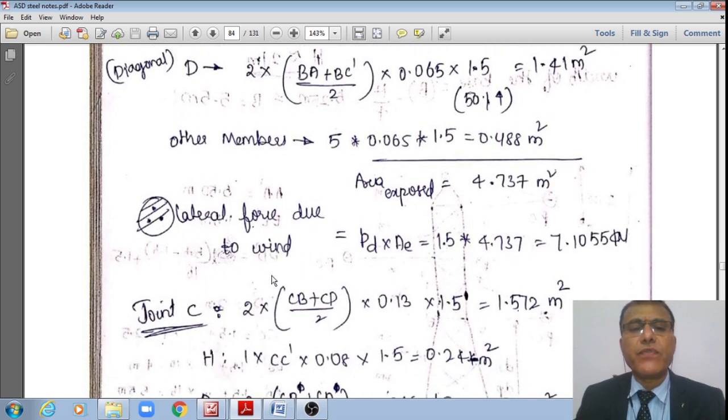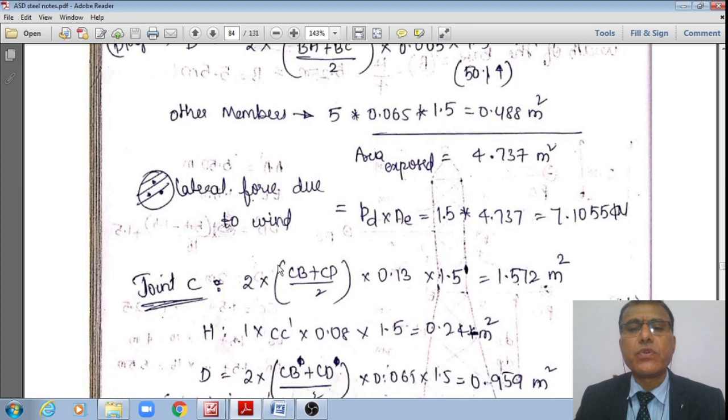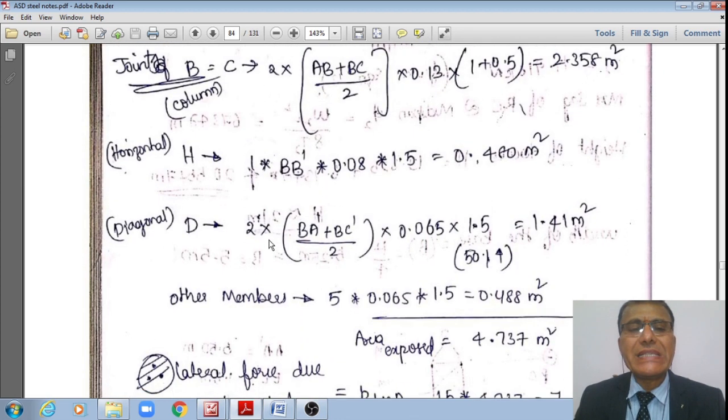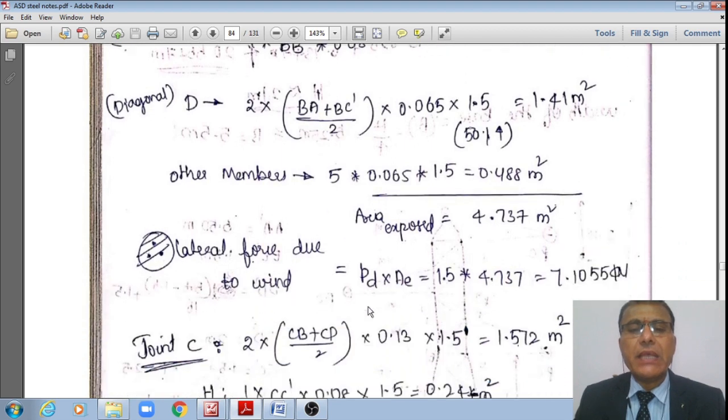Now the lateral force due to wind on these members at the joint B is equal to the design wind pressure multiplied by exposed area. However, the design wind pressure is given as 1.5 kilonewton per meter square, and exposed area just now we got 4.737. It now works out as 7.10 kilonewton, or 7.1055 kilonewton up to the fourth decimal accuracy.